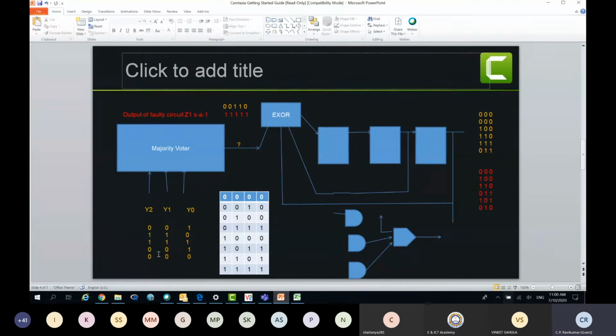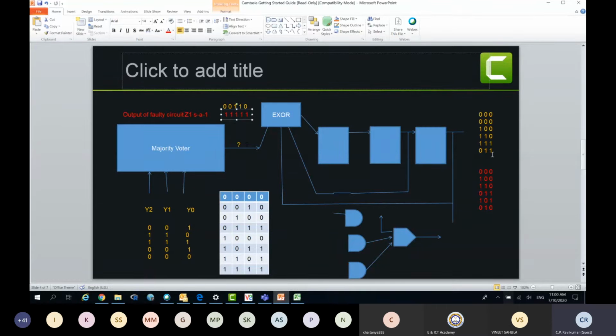I threw random vectors here, right? I just generated random. These are called test vectors. And I did a good circuit simulation. So this one is the good circuit simulation, and this is the fault simulation. And I also simulated this part of the circuit, right?